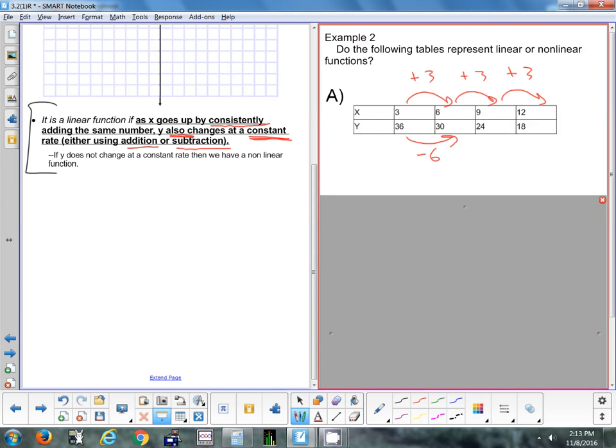If it's not, it's nonlinear. How do you get from 30 to 24? Subtract 6. And how do you get from 24 to 18? Subtract 6. So it did pass the test. Y changes at a constant rate, which means this would be what kind of function if you drew it? This is linear. Yep. So linear.